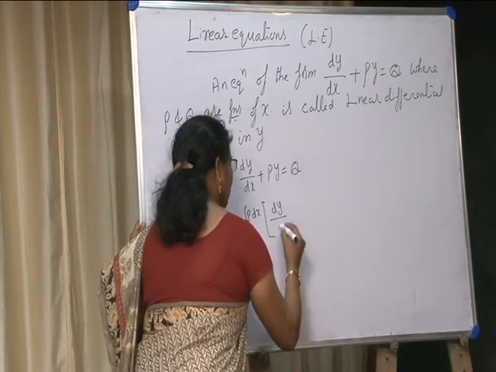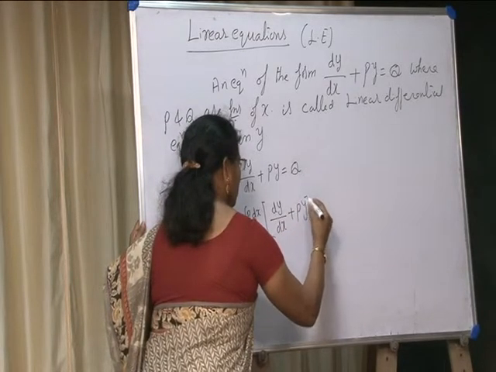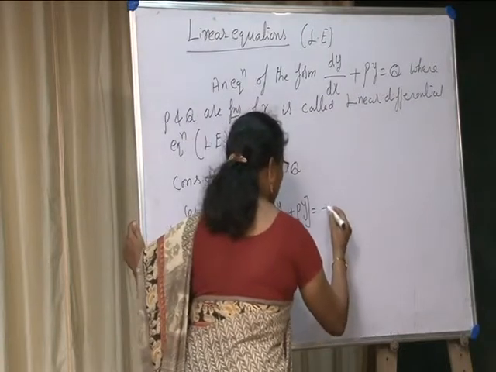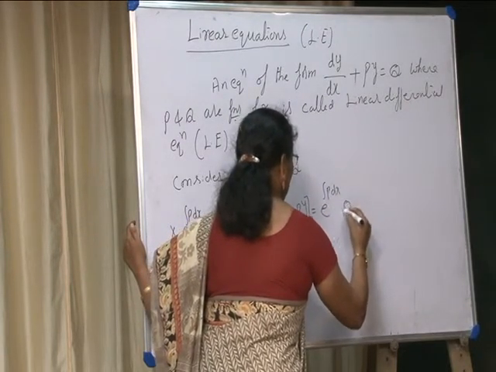e to the power of integral of p dx into dy by dx plus py is equal to e to the power of integral of p dx into q.